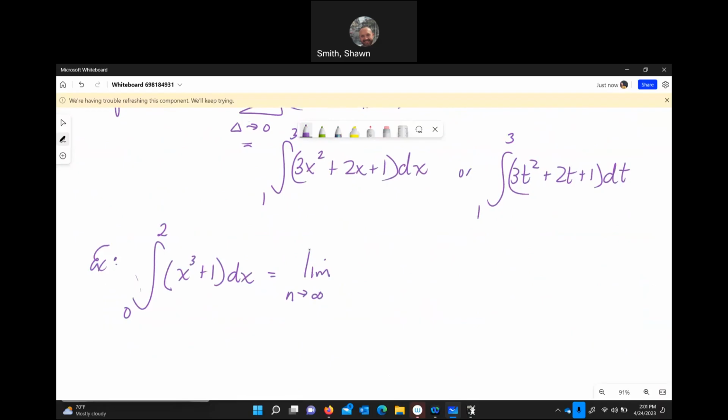How many partitions we have, how many rectangles, an infinite number of them, of the summation as k goes from 1 to n, totaling all those rectangles, of f of x of k star, we choose the midpoint, times delta x of k, not k star.